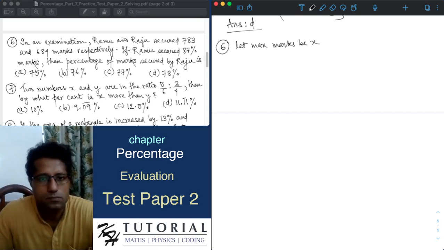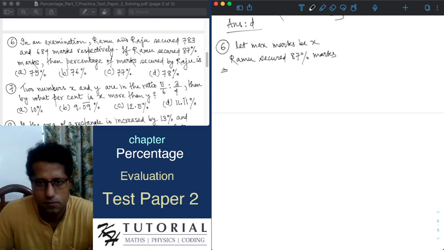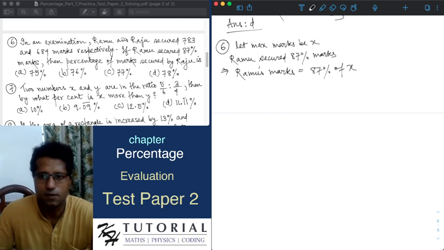So Ramu secured, it is given, 87% marks. This implies Ramu's marks equals 87% of X, where X is the maximum marks.